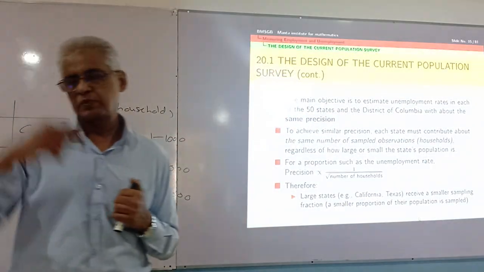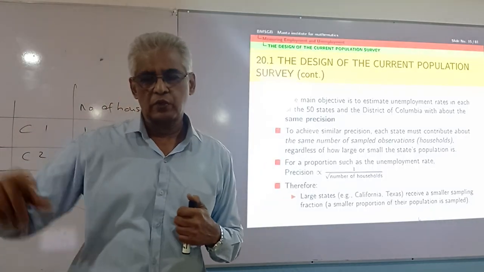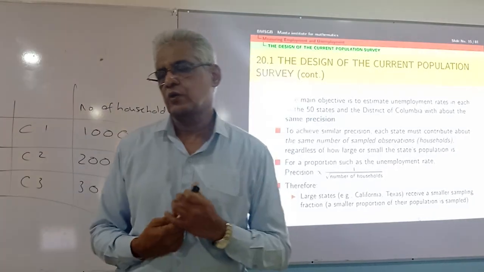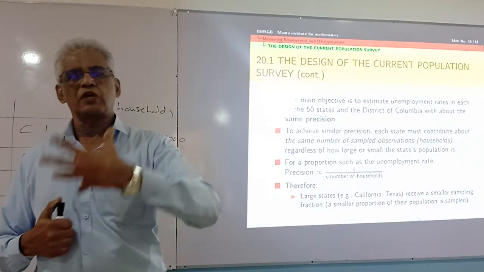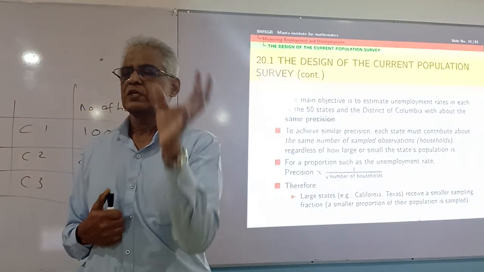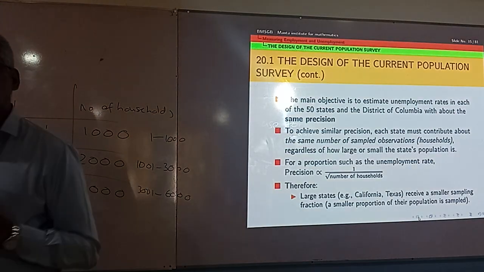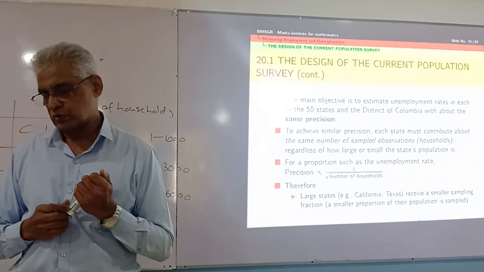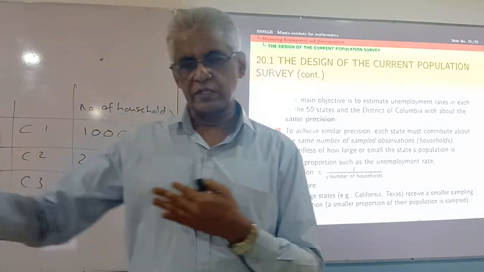Earlier I used n for the total sample size, but here we are talking about the number of households from each state. So the precision of the estimate for a state is proportional to 1 over the square root of the number of households selected from that state. That also has to be considered when deciding the sample size.